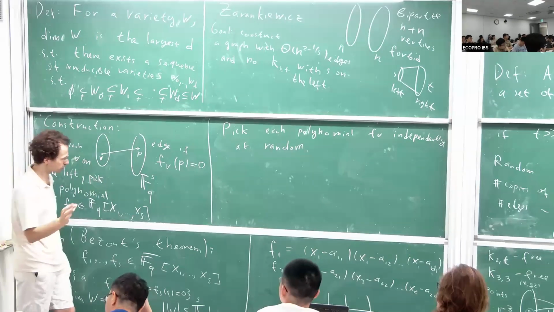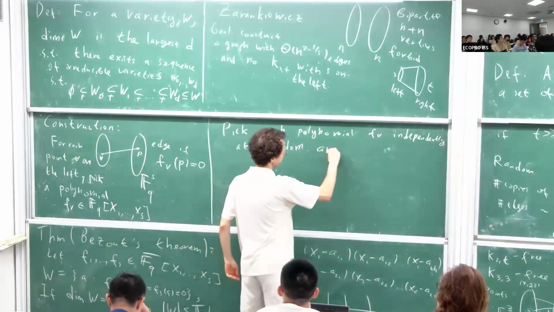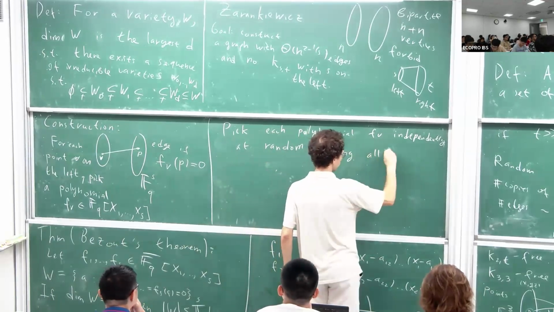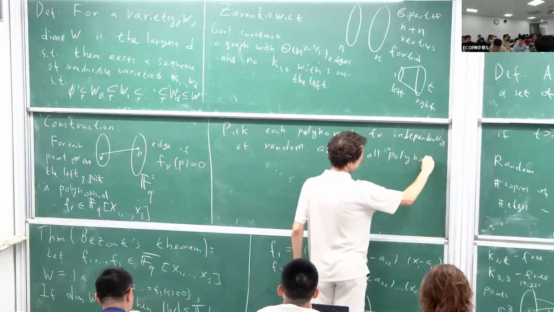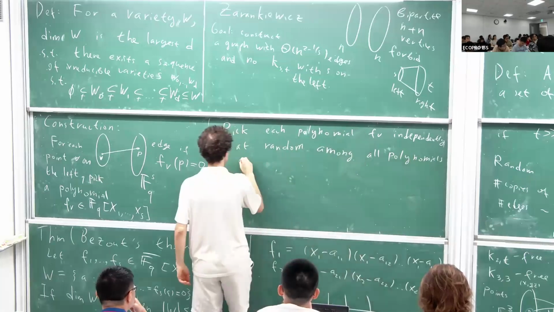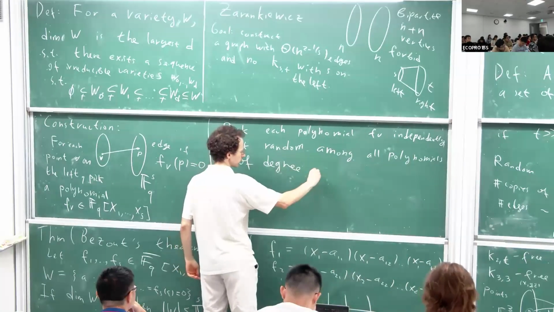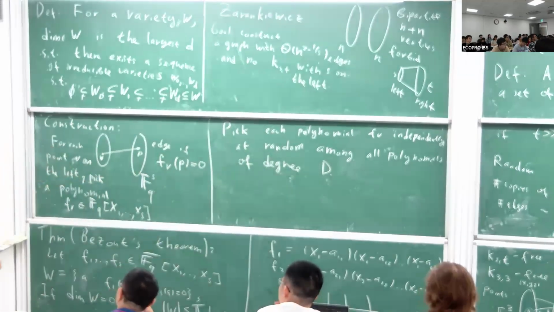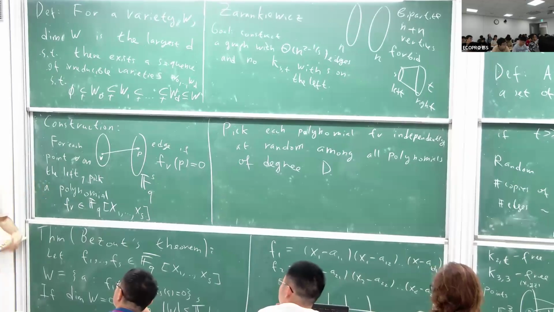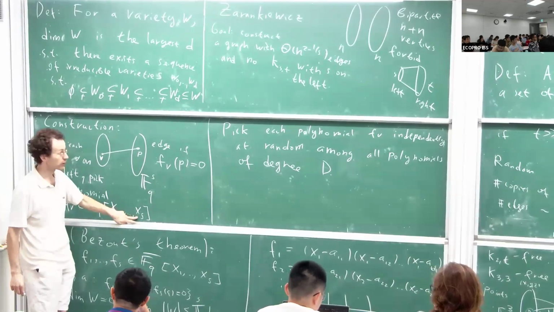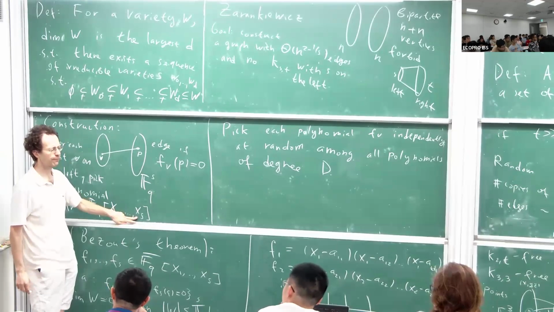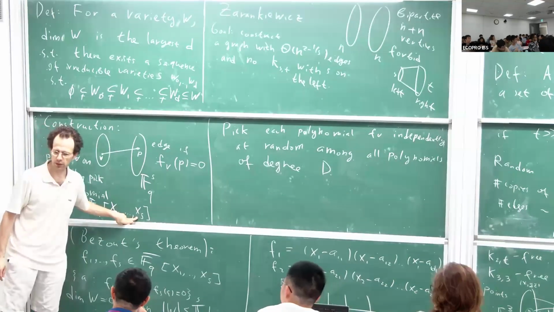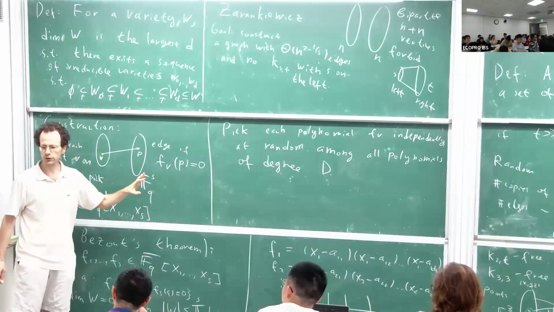I haven't told you the degree. Good point. So at random among all polynomials of degree at most d. We will choose this degree shortly, but to announce it, it will be about s squared. Again, we will see what comes out.